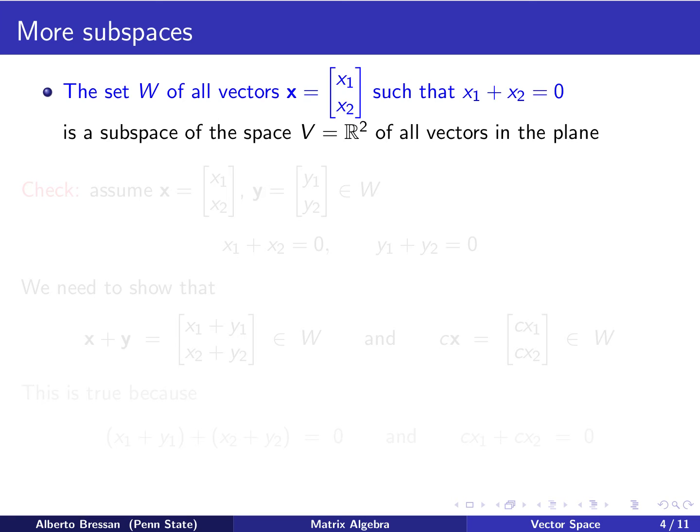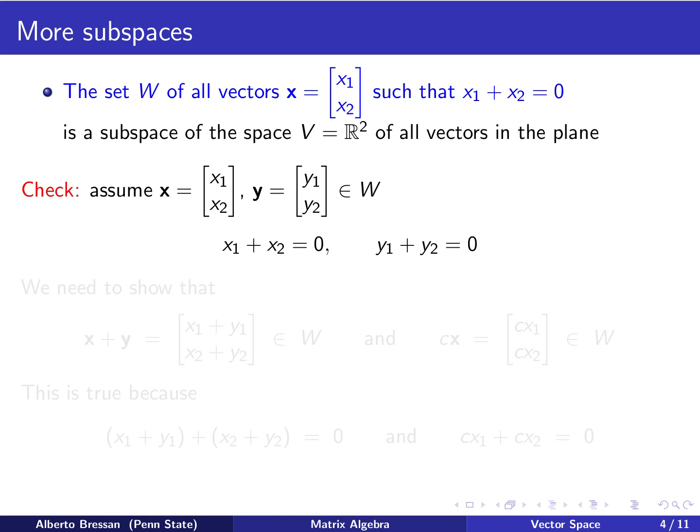Okay, now a less trivial example. Let's consider the vector space V, which is all the vectors in dimension 2, so all the vectors have length 2. Then the set W of all vectors such that the first element plus the second element add up to 0. We claim that this forms a subspace of V. Let's do a little check.